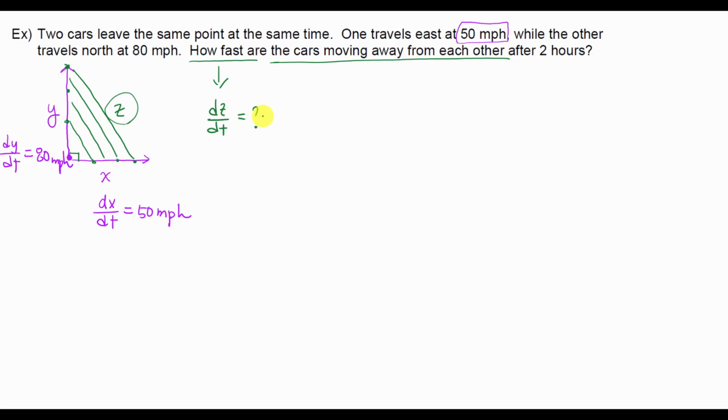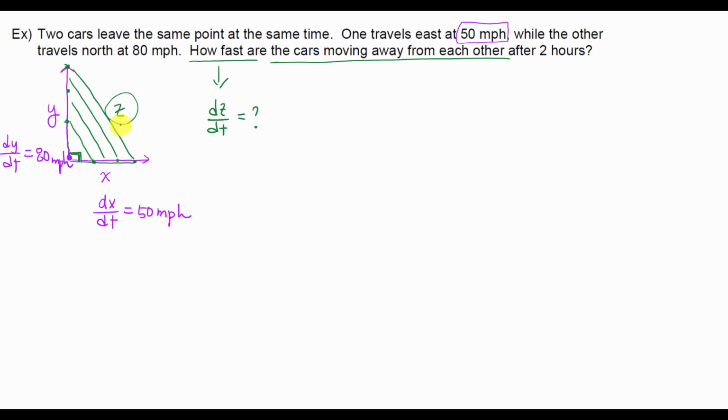So looking at this diagram, do you happen to think of any equation related to x, y, and z? Yes, we have a right triangle. The car going east and the car going north make a 90-degree angle, and they are making this right triangle. So we have the Pythagorean theorem.